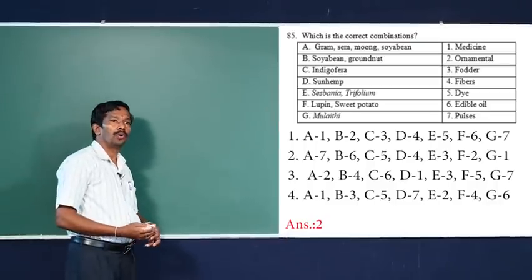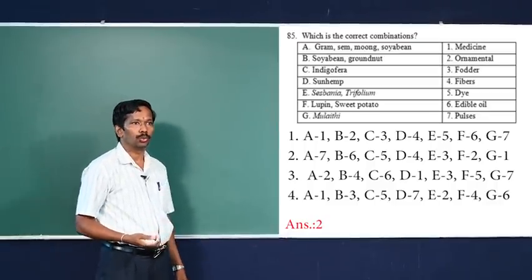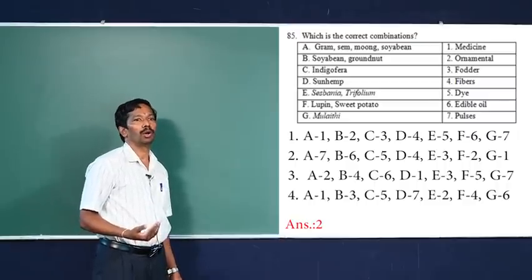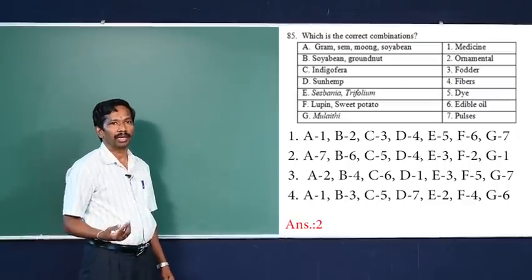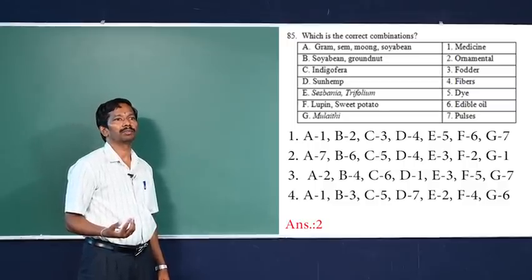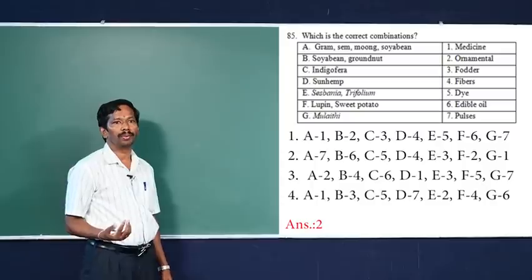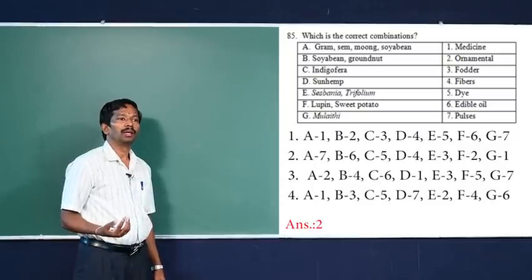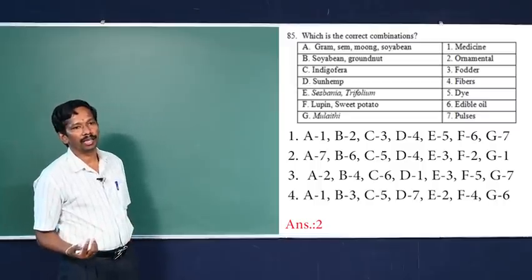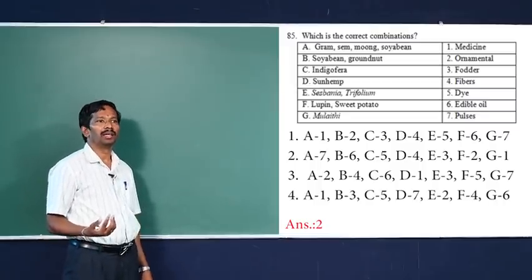85. Which of the combinations are true, representing different types of plants belonging to Fabaceae with their commercial value? The answer is 2, that is gram, moong and soya bean are represented by pulses. Soya bean and groundnut are oil yielding plants, edible oil is extracted.